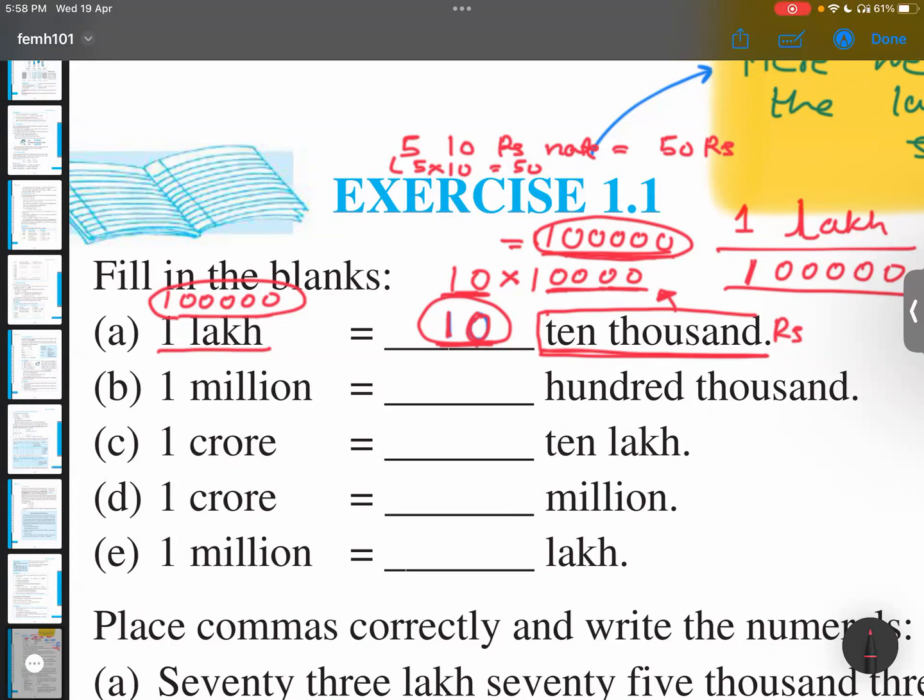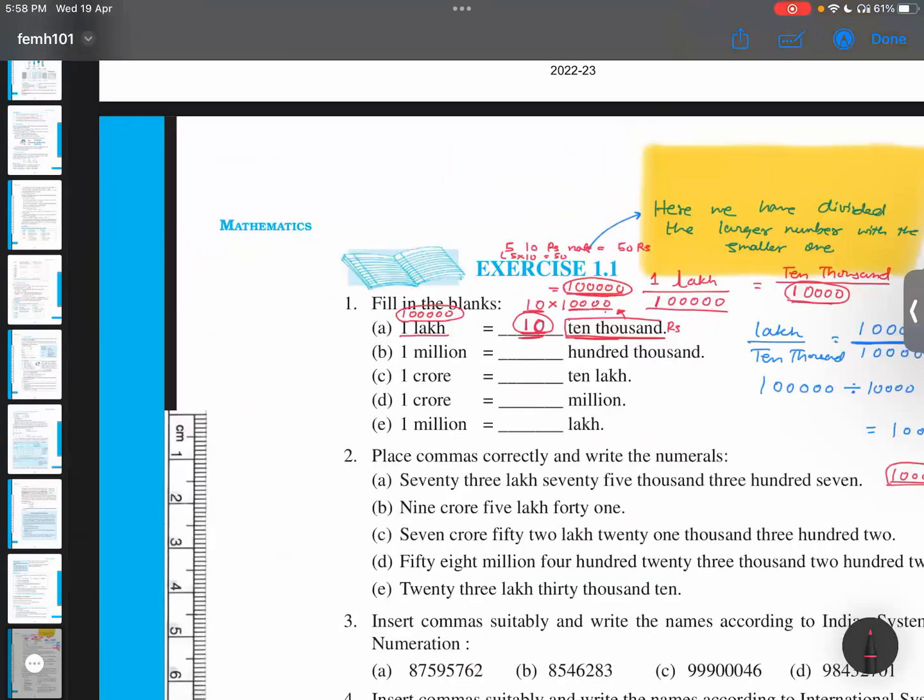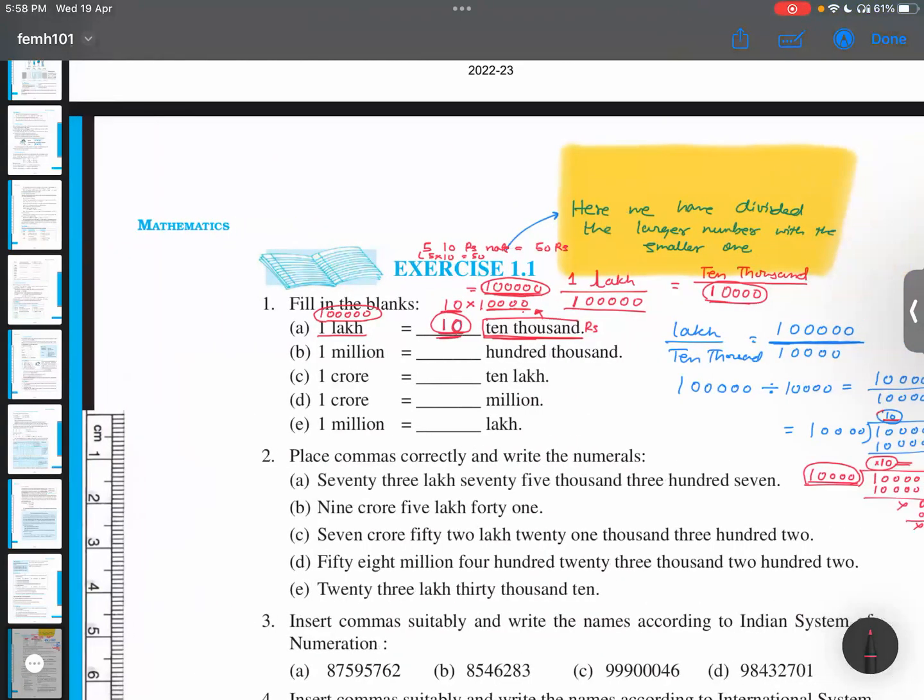But 10 multiplied by 10,000 will give you 1 with 5 zeros, that is 1 lakh. That will become more clear once you practice more and more questions.